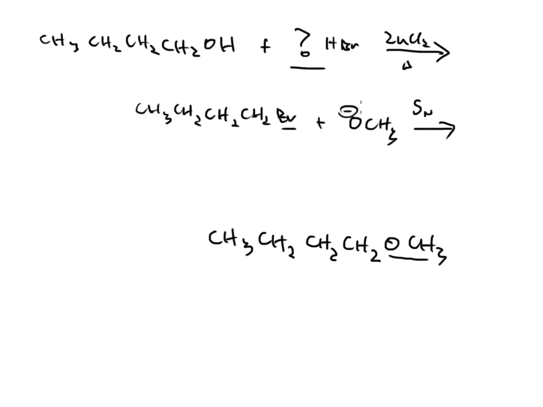And what kind of SN do we have? Well, this is primary. Primaries don't have a lot of neighbors around that carbon, just one other. So it's very easy for carbon to cheat. It needs to cheat because it's too unstable to be by himself. So this is going to be an SN2 reaction.